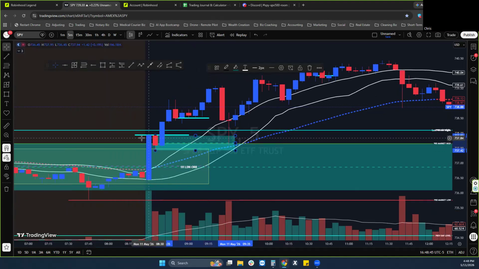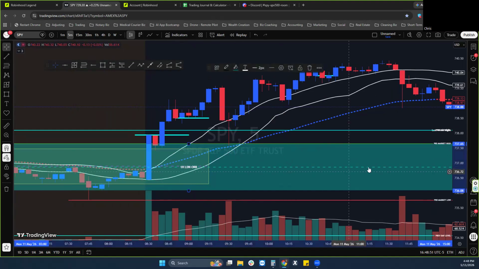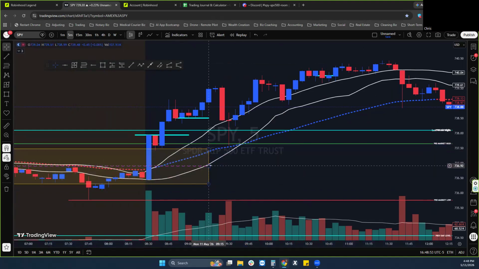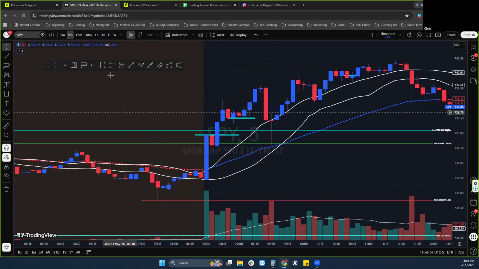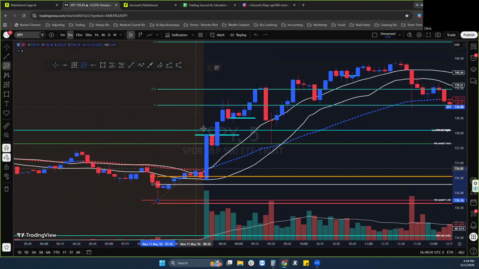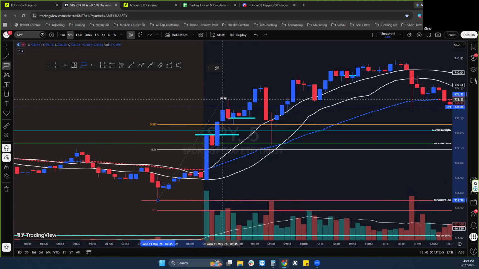And also with the Fibonacci, we could throw that on there as well. Since we're on the 5 minute, start at the bottom here and run that up from here.